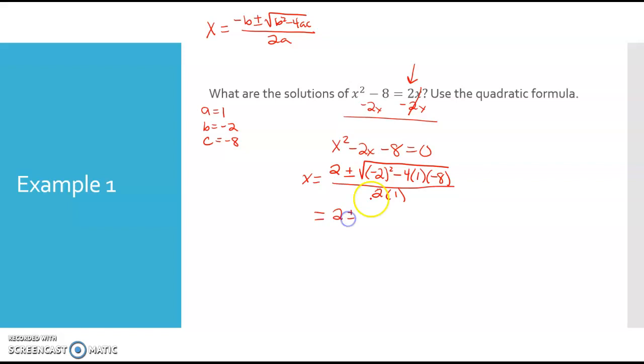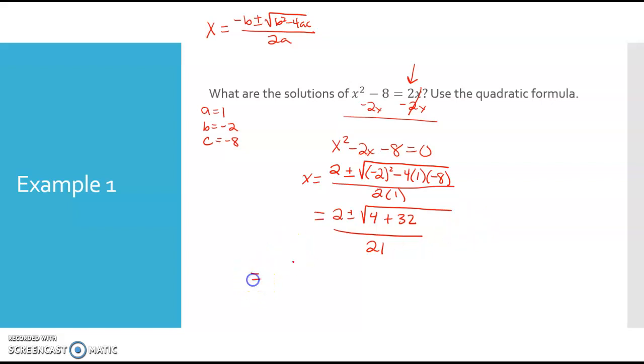From here, we just simplify, right? 2 plus or minus, I'm going to focus in on the square root real quick. Square root of -2 squared is 4, and then -4 times -8 is +32, so plus 32. 32 times 1, still 32. Divide by 2 times 1, which is 2. And then I'm going to simplify that one more time.